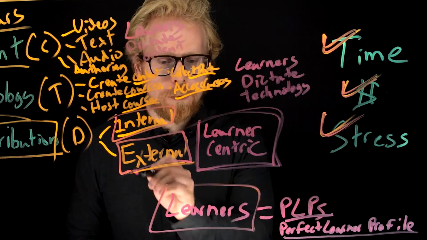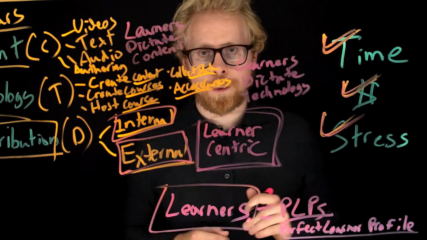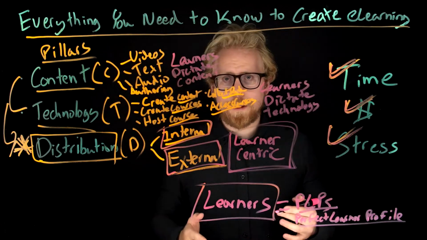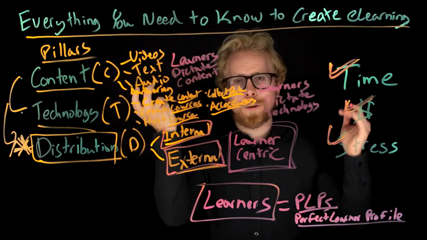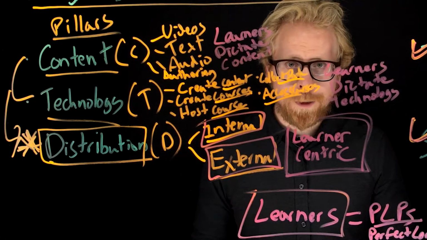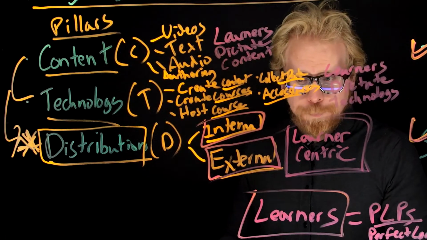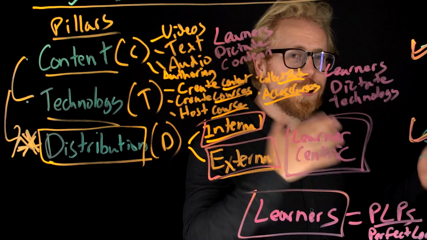So everything you need to know to create e-learning is right here. It is your learners. Talk to your learners. We hear stories all the time about people who get into e-learning and they don't focus on their learners. When they're looking at everything you need to know to create e-learning, they miss the learner piece. One specific story: working with this billion-dollar company, they implemented this technology, and now their learners are stuck with it.